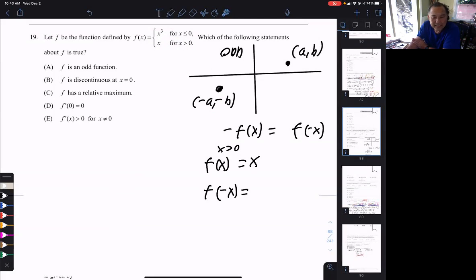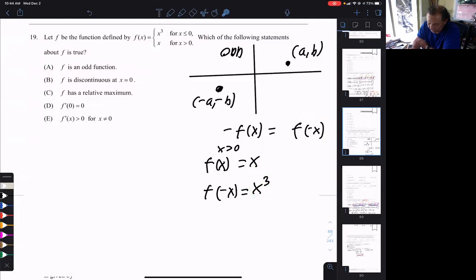That means you're plugging in a negative, x is negative, you're going to get x cubed. So according to this, when I plug in the opposite, I should get the same y value, but negative that. Is that the opposite of that? No, because that's x cubed and that's not. To be the opposite, this would have to be like negative x cubed. Now they're opposites.